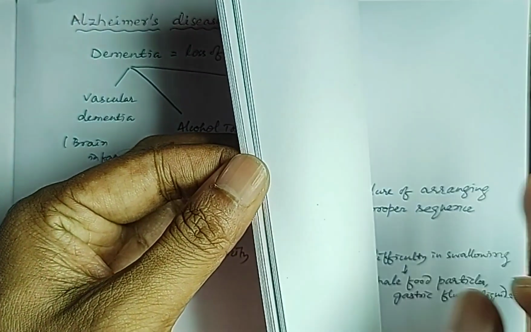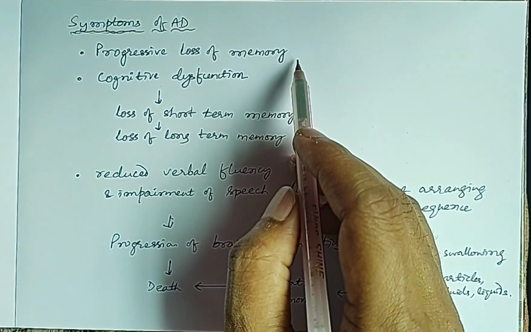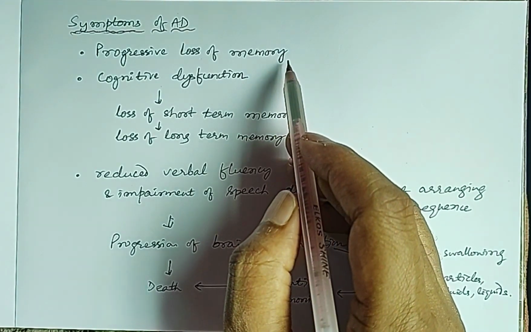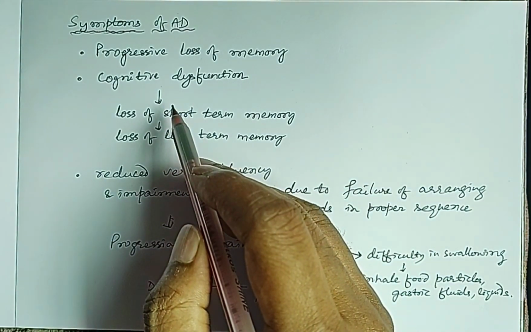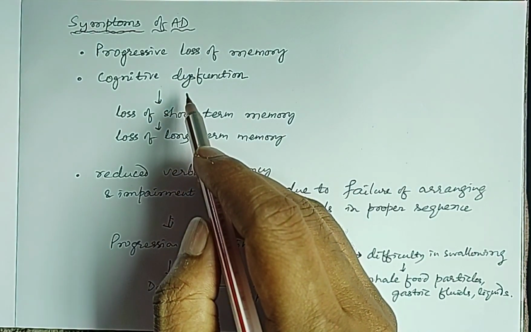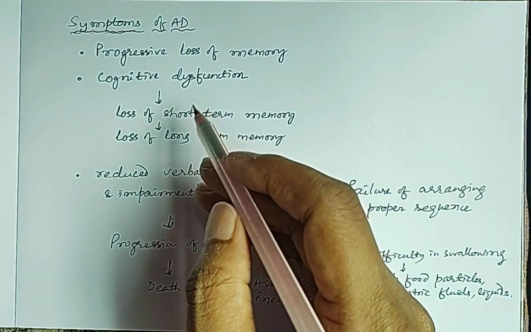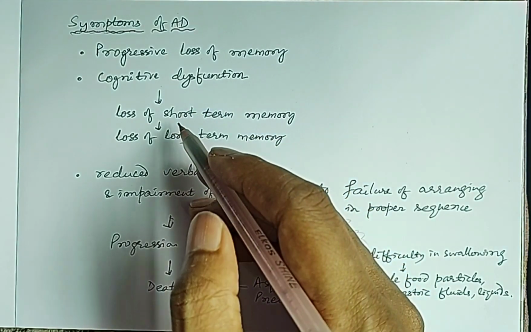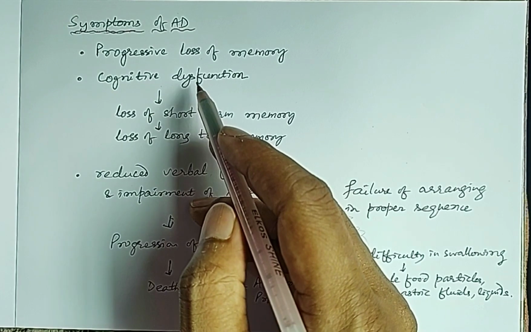The symptom of Alzheimer's disease is progressive loss of memory, and there is also dysfunction of cognition. We call it cognitive dysfunction. Cognition is nothing but the ability, the process through which we learn, and that is also not functioning properly.